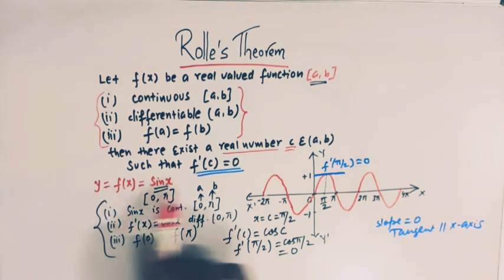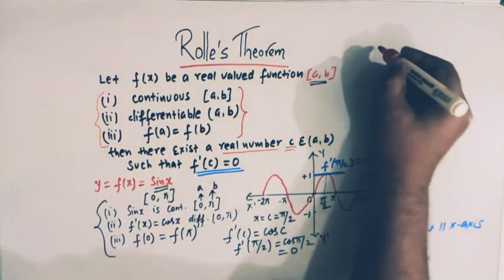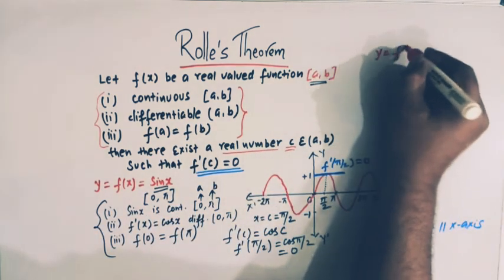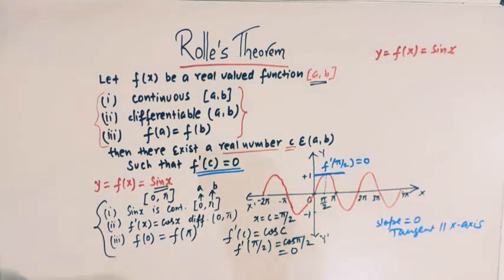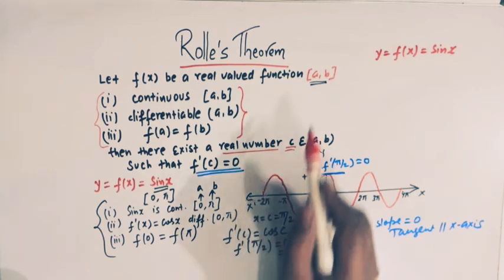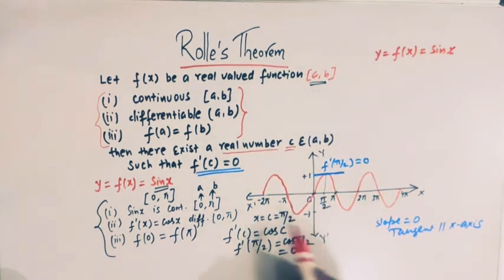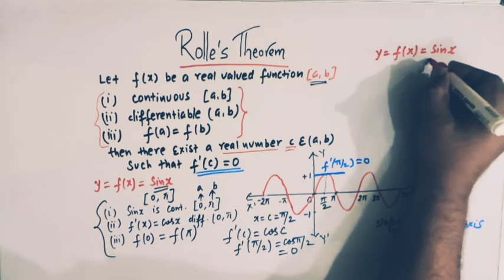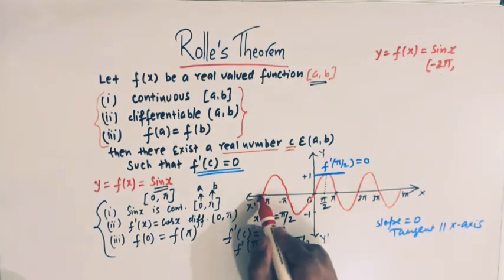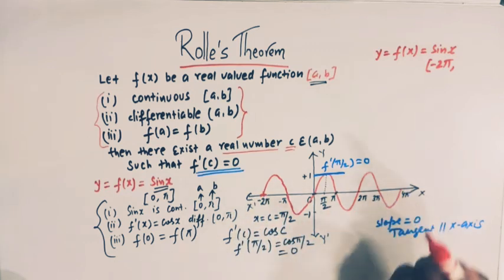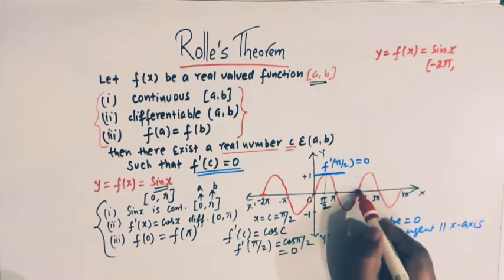Now let us take the same function, that is y is equal to f of x is equal to sine x, right? And let us this time take the interval a comma b as from minus 2 pi, from this point to say this point, right?